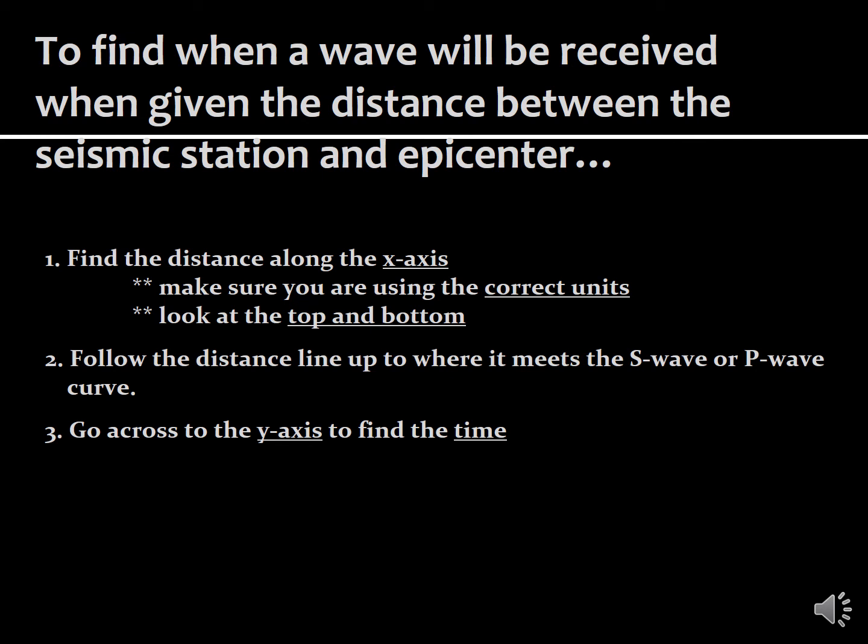So what we're going to do is find the distance along the x-axis. Make sure you're using the correct units. So follow the distance where the S wave or P wave curve, go across to the y-axis to find the time.